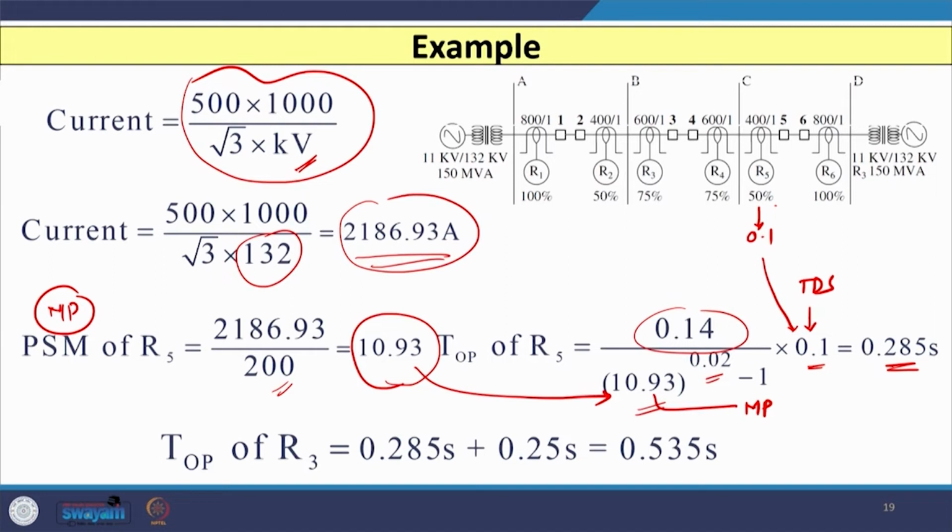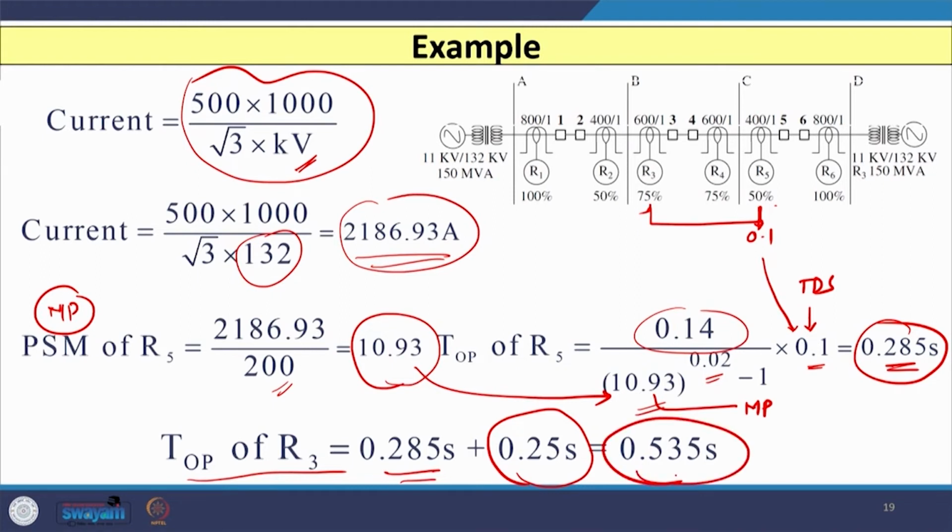Now, once the time of operation of relay R5 is available, you are coordinating relay R5 with relay R3. So, the required time of operation of relay R3 should be the time of operation of relay R5, that is 0.285, plus some coordination time interval CTI, which we are considering as 0.25 second. This is available, but we need to calculate the TDS of relay R3.